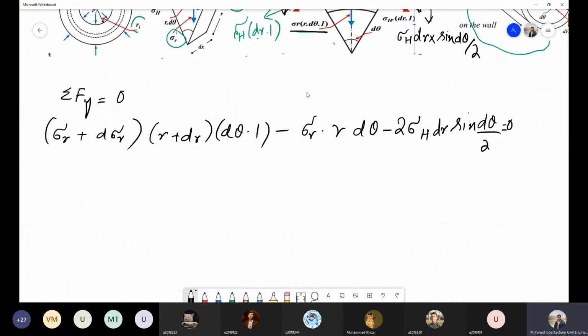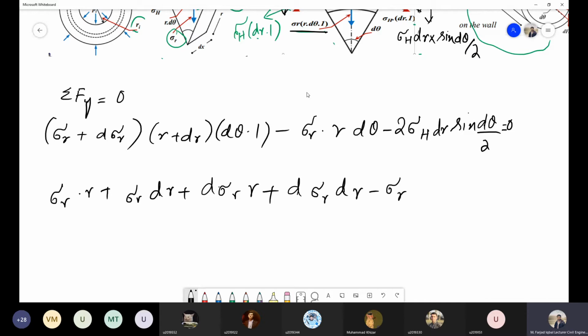So we have this particular equation, and if I simplify this one briefly, I will get sigma r dot r plus sigma r dr plus d sigma r into r plus d sigma r into dr minus sigma r dot r minus sigma h dr equal to 0.